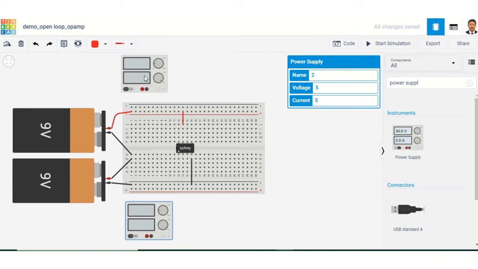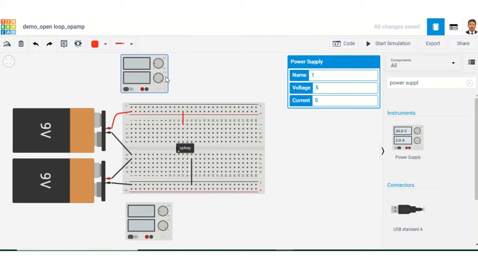Pin number 2 is the inverting input, pin number 3 is the non-inverting input. So I am going to set here 5 volt, and here it is also 5 volt.